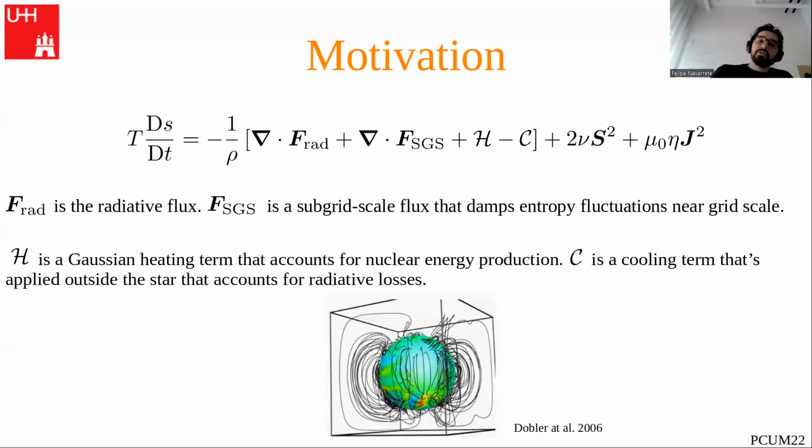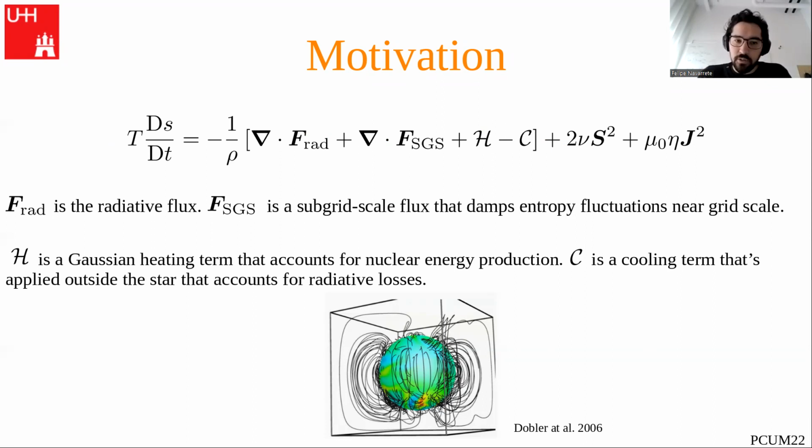First, a bit of background motivation. What I'm showing you here is the energy equation, which is more or less the standard form usually used in convection, stellar convection specifically.